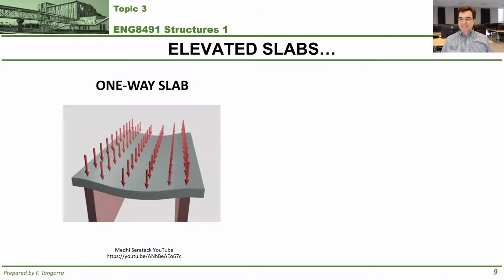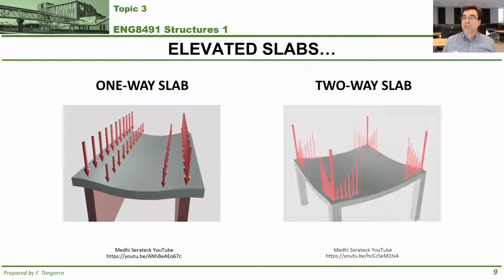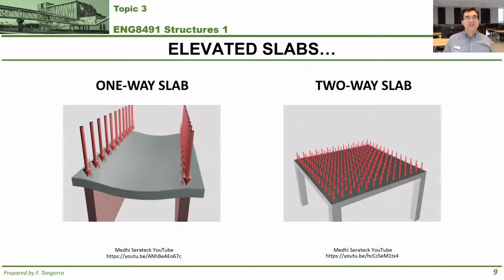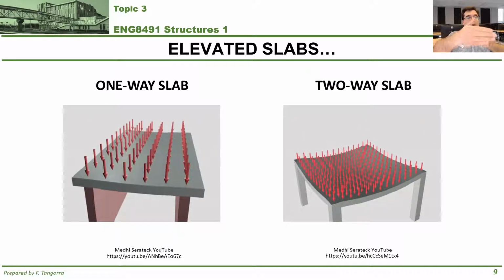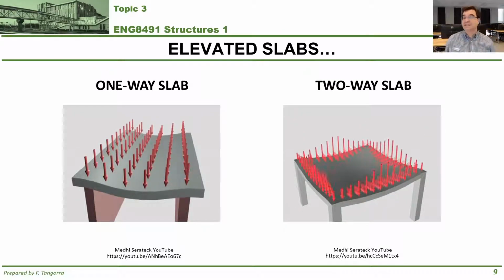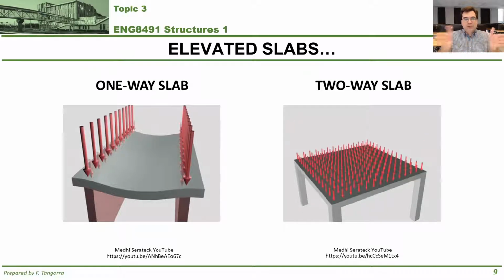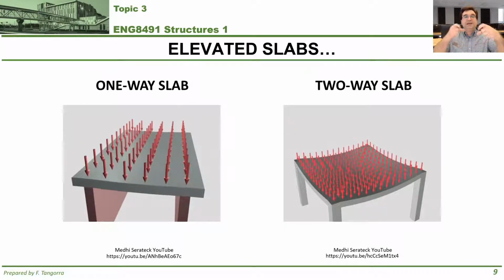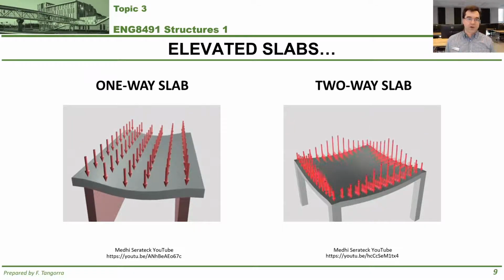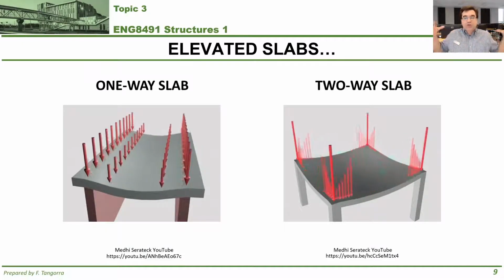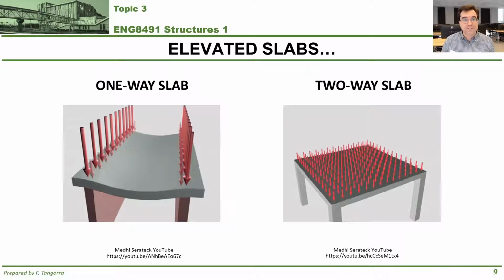That's different from a two-way slab. A two-way slab is such that instead the sharing happens more evenly along all four sides of that slab, as you can see here, so that the loads on that slab are distributed on all four sides. They go to the beams on all four sides, if there are beams, and then the beams pass on those loads to the columns.